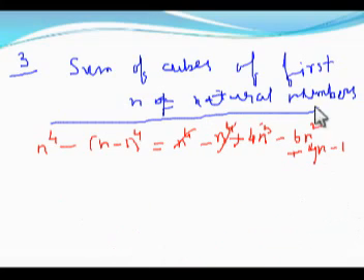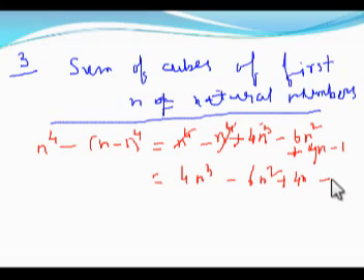So what will you get? We will get 4n cube minus 6n square plus 4n minus 1.